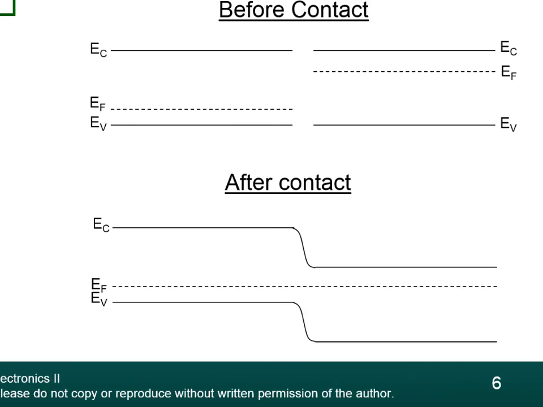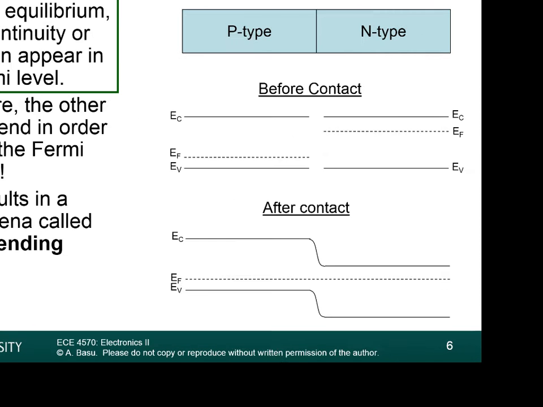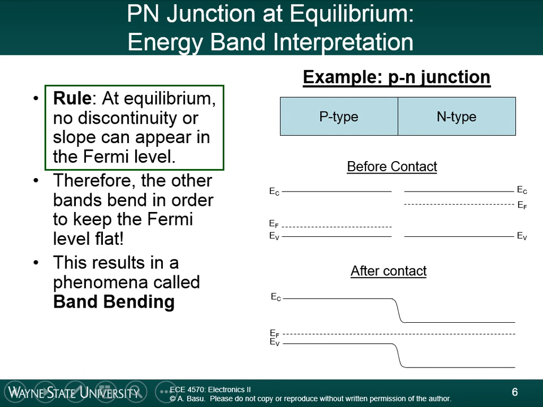We'll be doing an example of drawing this band diagram. This results in a phenomenon called band bending. So let's try to understand a little bit of the intuition behind this.